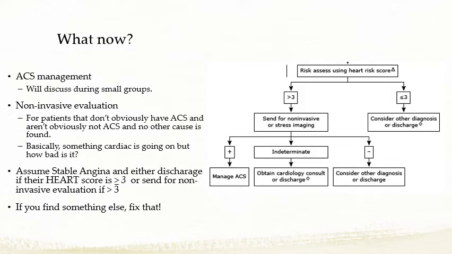If their HEART score is still high, well, then they still could be having an acute coronary syndrome. So something is cardiac, but how bad is it? So you assume stable angina and either discharge if their HEART score is less than or equal to 3, or send them for non-invasive evaluation if it's greater than 3.